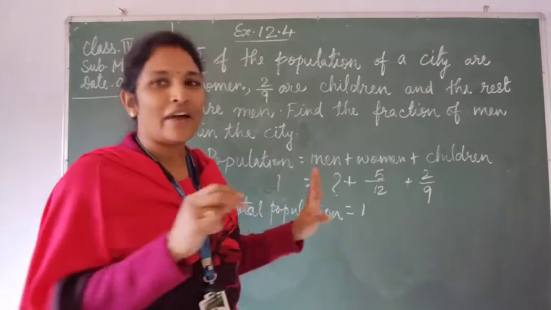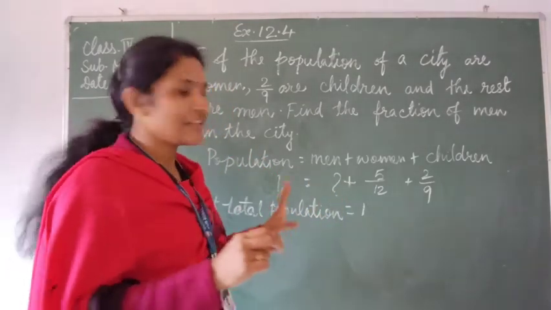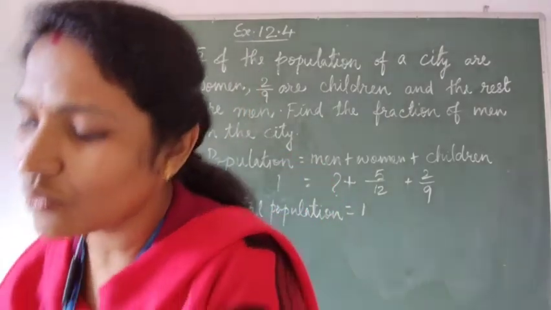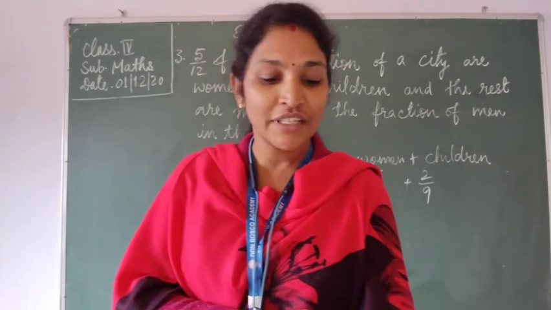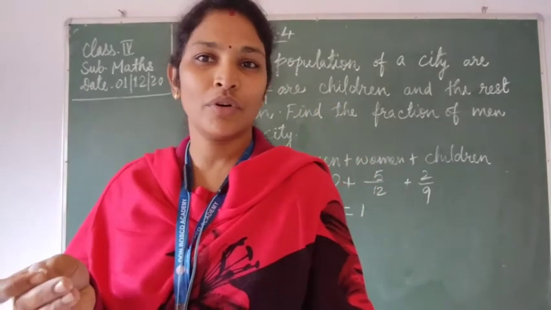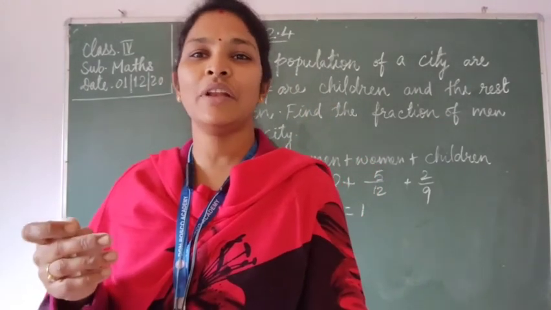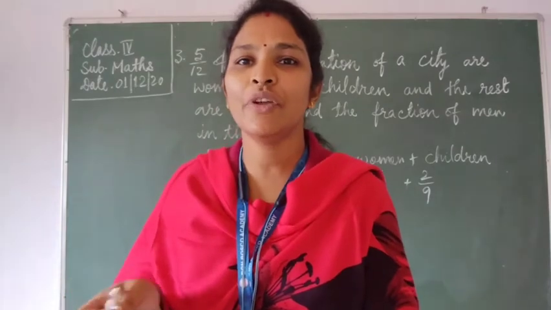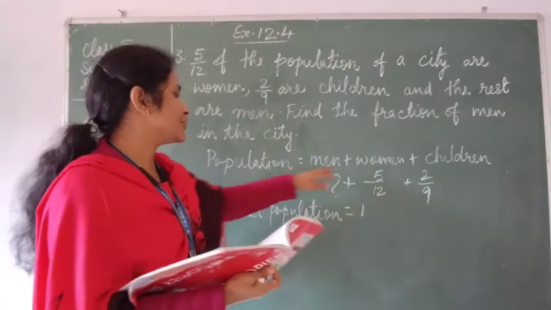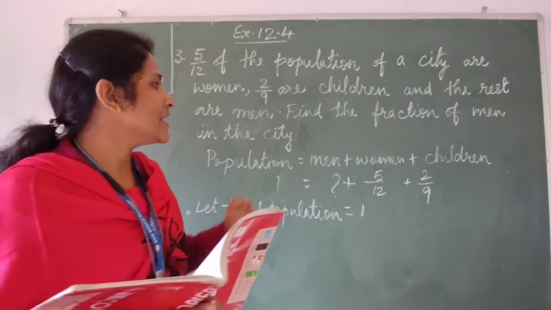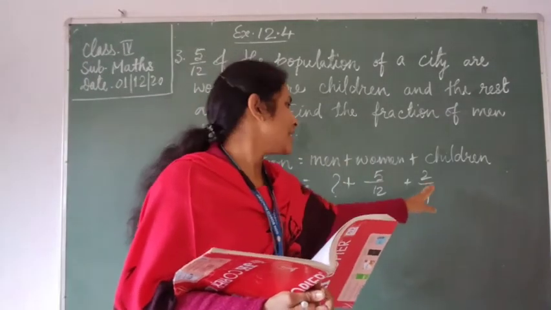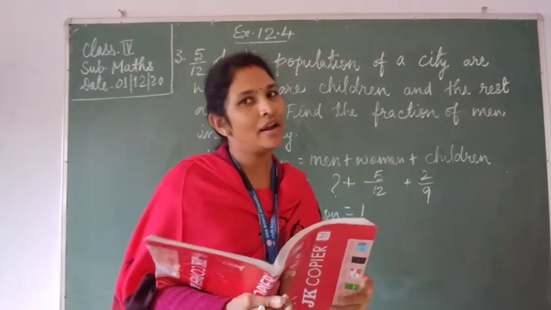Then for finding the answer, first we can write the statements. What are the statements? First statement will be fraction of women. Fraction of women is equal to 5 by 12. Second statement, we can write fraction of children is equal to 2 by 9.